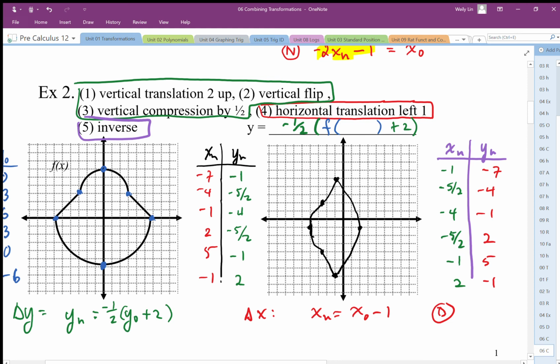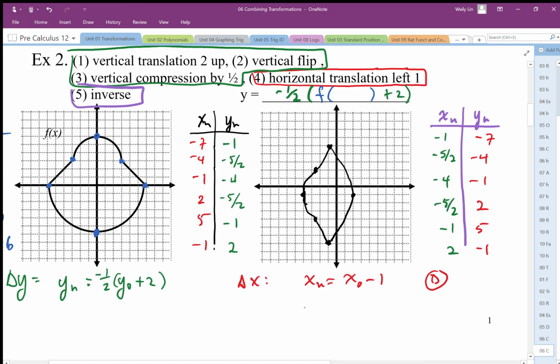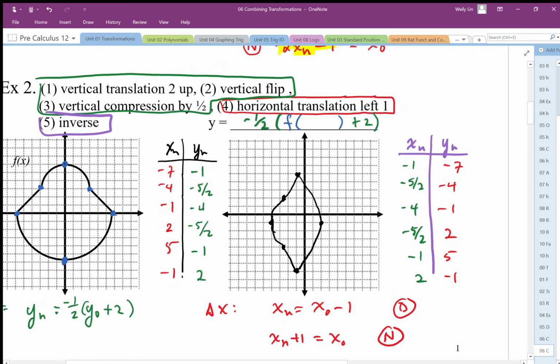And the inside part of that, well, this is now where I have to do backwards. I have to undo that expression. So I'm going to undo this expression, x plus 1. That's what's going to show up in my notation. Okay, so it's going to be x plus 1.